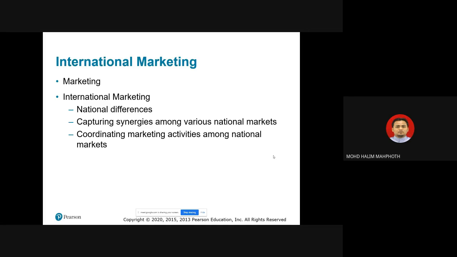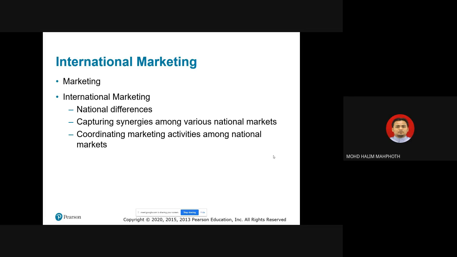Usually the resources locally may be a bit high in price, but if you collaborate with an international partner, you may find cheaper raw material to produce your product, so the cost of your product is cheaper. You also seek international partners for larger demand, or new customers. This is what we have under capturing the synergy.